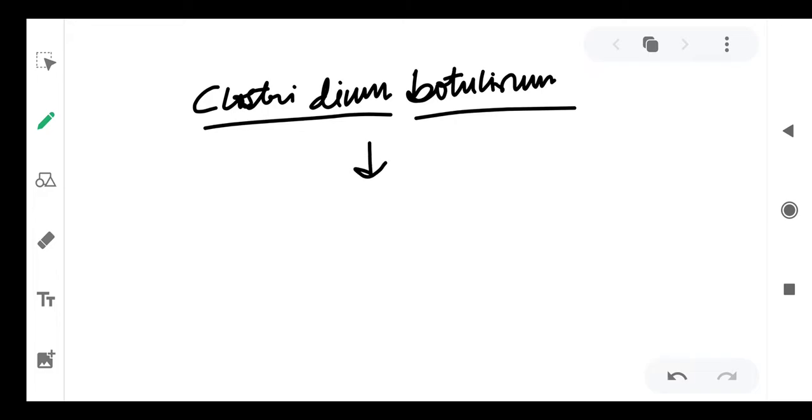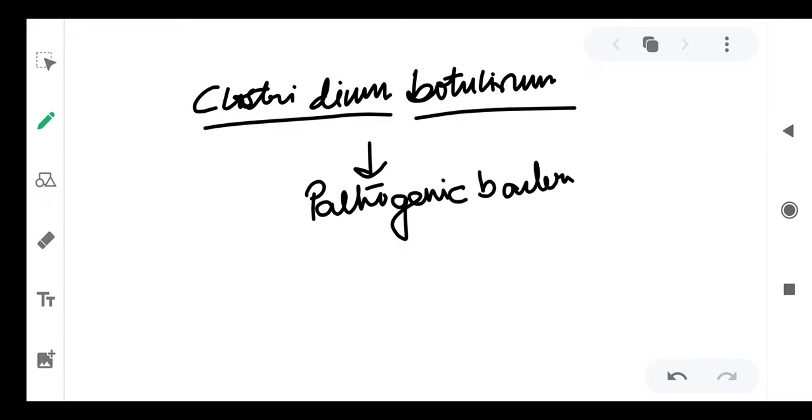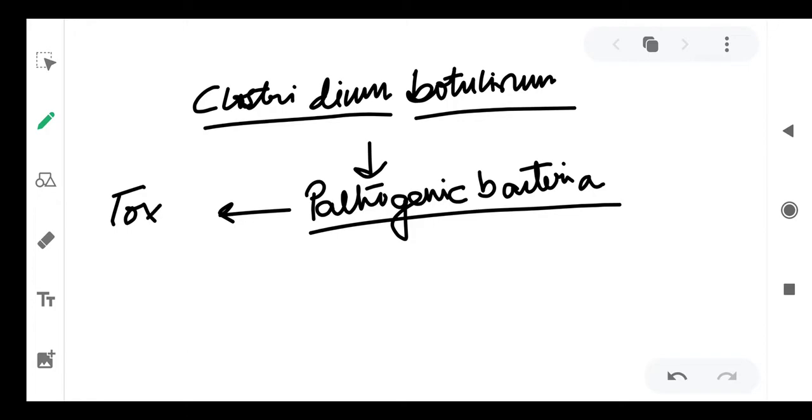So this pathogenic bacteria is being grouped together by their ability to produce a toxin, and this particular toxin is called your botulinum toxin.